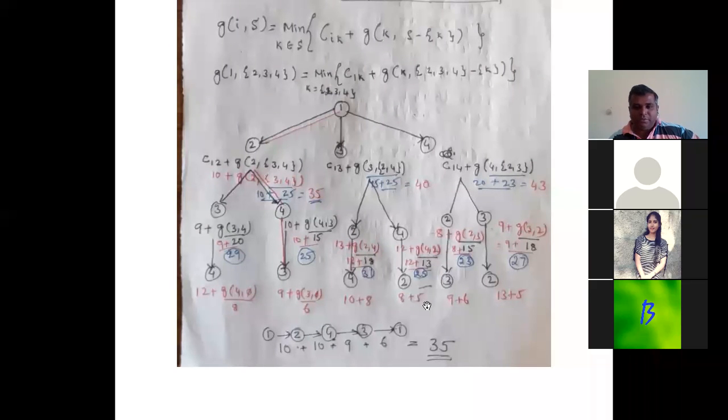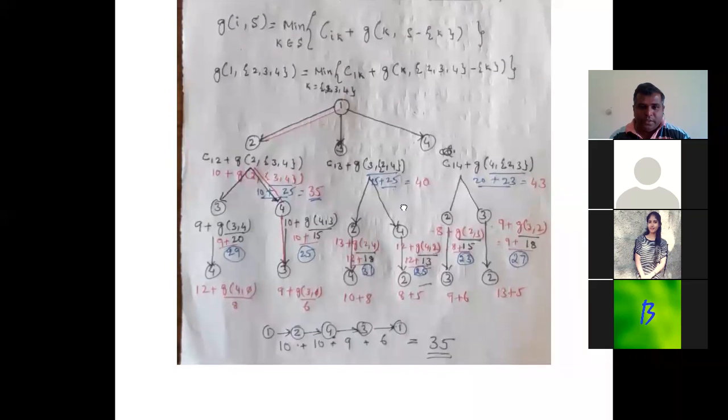So 8 plus 5, 13 you will get. G of 4 comma 2 is 13. 12 plus 13 is 25. So minimum of 31 and 25 is 25. You have to select 25 for G of 3 comma 2, 4.